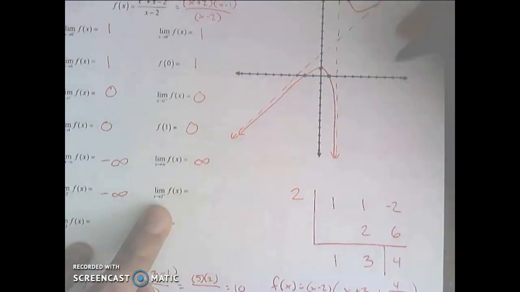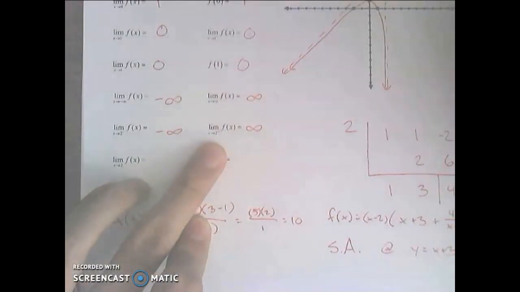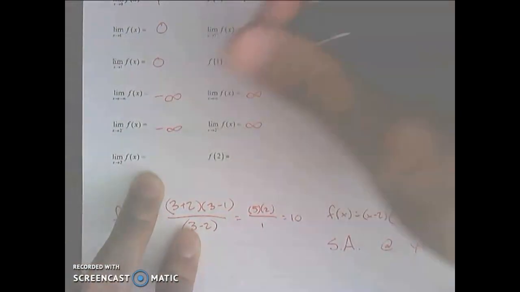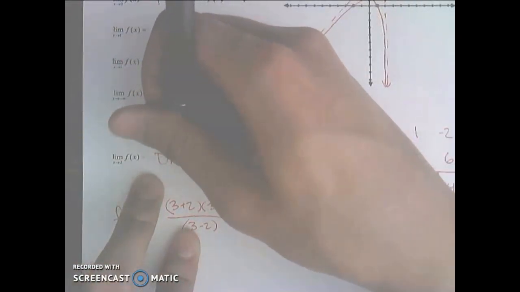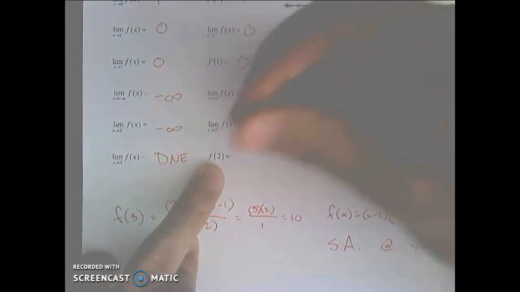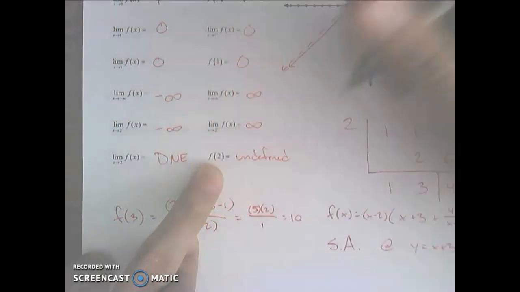Approaching 2 from the right-hand side, our function is going upward, so we're approaching infinity. And so because the left-hand and right-hand limits do not agree, the limit of the function does not exist at 2, and neither does the function. The function is undefined. We've got a vertical asymptote at x equals 2.